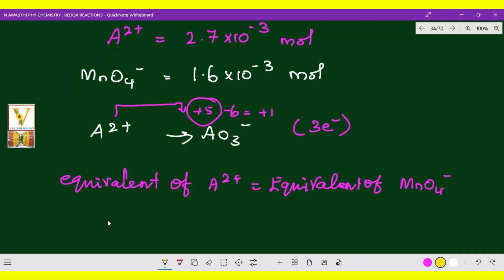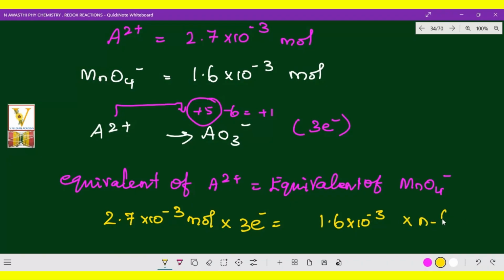Okay, I just bring it here. 2.7 into 10 to the power of minus 3, right? Mole into n factor. How many electrons it is provided? 3 electrons is equal to equivalent of MnO4 minus. This is only we have to identify, whether it is acidic medium or basic medium, right? So here in this point, 1.6 into 10 to the power of minus 3 into n factor, we have to identify n factor. So n factor, we bring it this side.